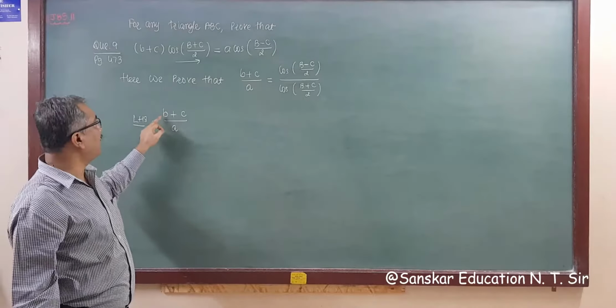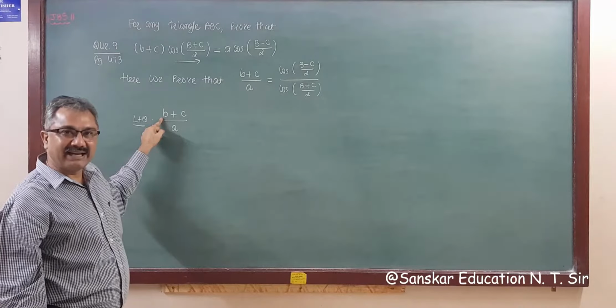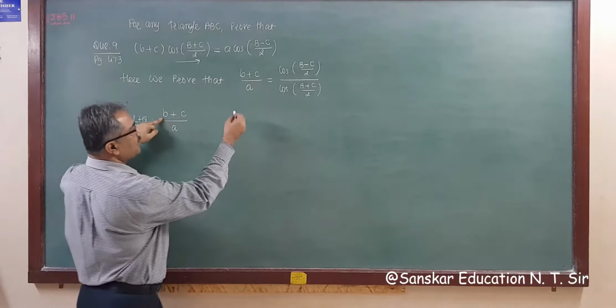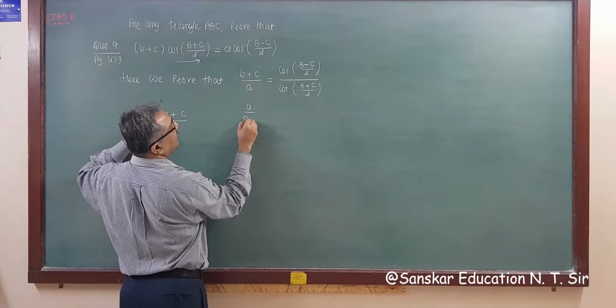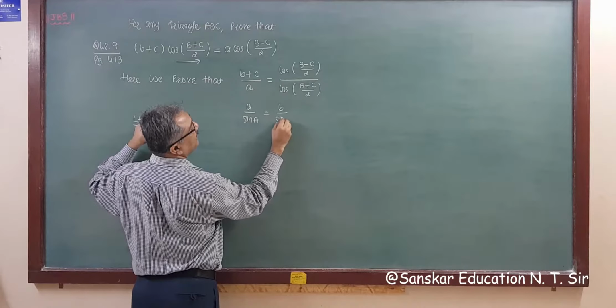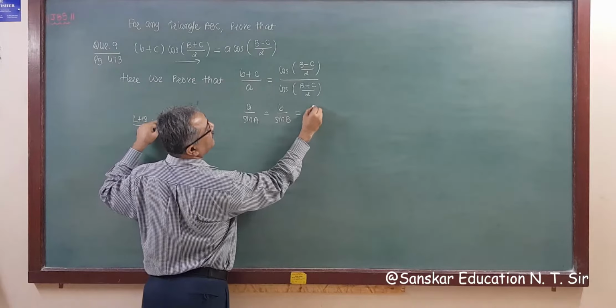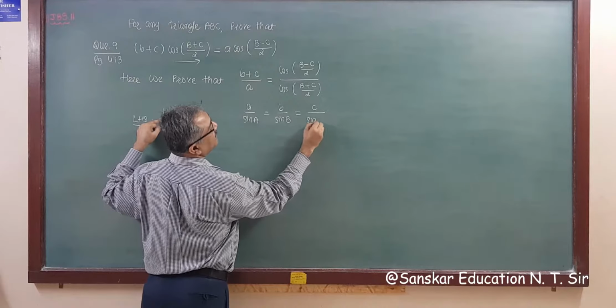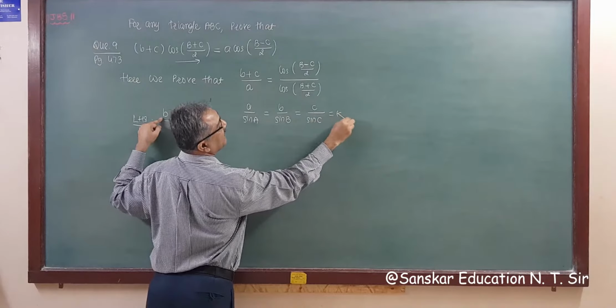Now using sine formula, b is equal to k sine capital B. Because you know a upon sine a is equal to b upon sine b is equal to c upon sine c is equal to, we are taking, k.